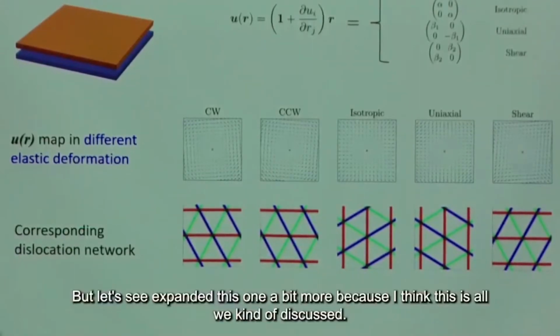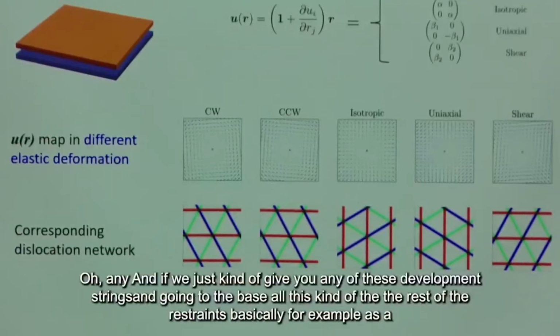Going through very similar arguments to those I just mentioned about the twisting, the relative strains decompose into a few different components, for example isotropic versus shear versus uniaxial, right?